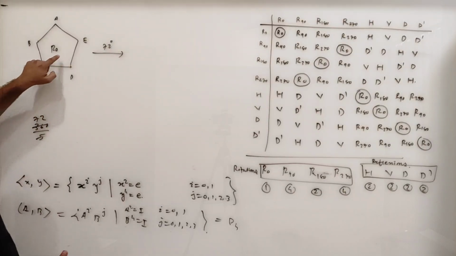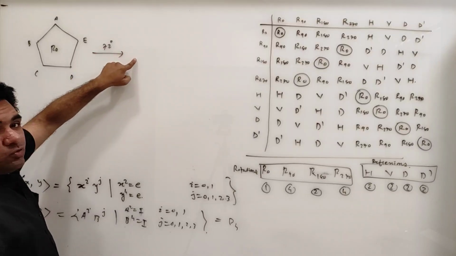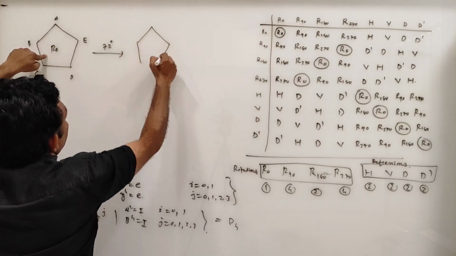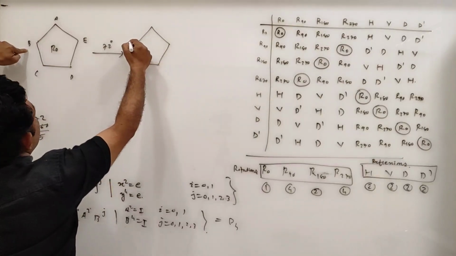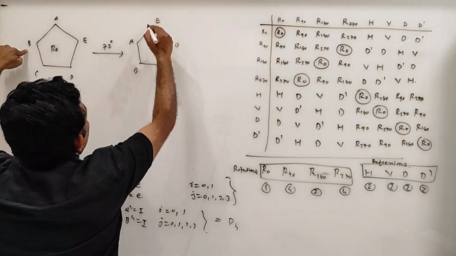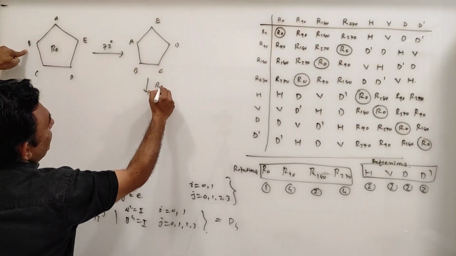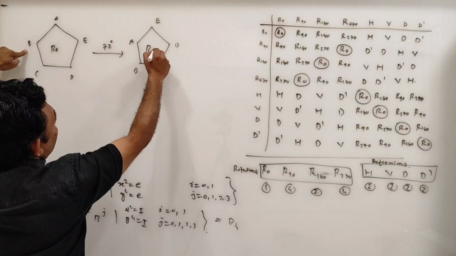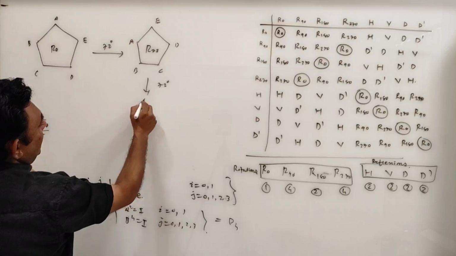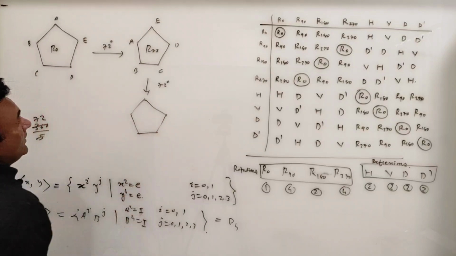Then you will get R72, and it will be like this, 72 degrees, so it will be A, B, C, D and E. Now again you give R 72 degree, so let me say this is R72. Again you give the 72 degree rotation in anti-clockwise direction, then you will have this one.